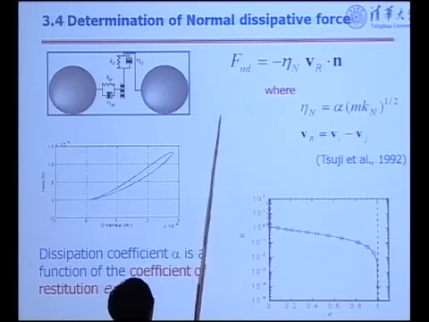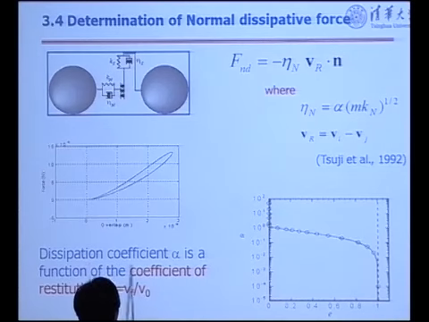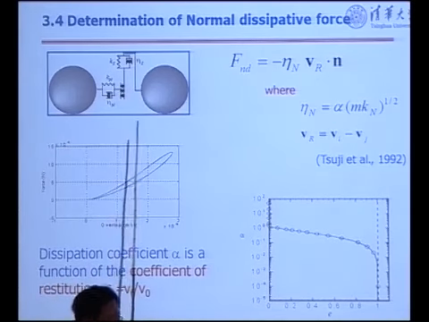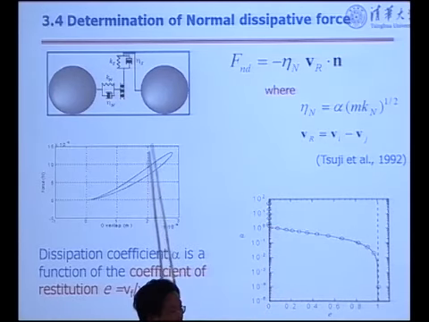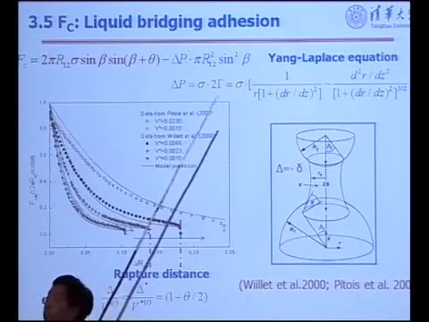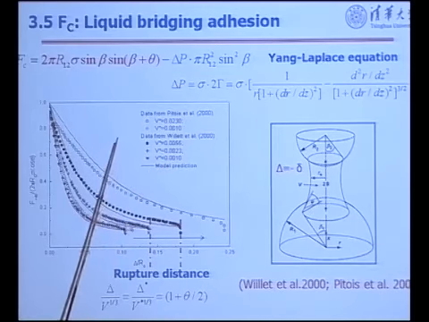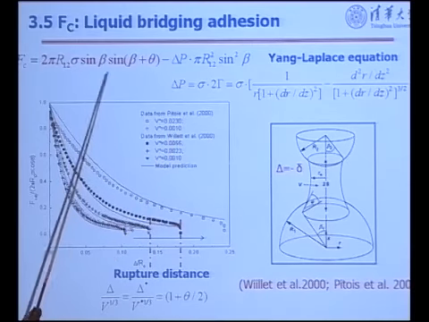They don't like the Hertz because they think it's much easier to consider the dissipation. But I will discuss that later. Jeff, Professor Marshall have done a lot on how to relate the dissipation coefficient to the coefficient of restitution. It's only because here energy is lost during collision.